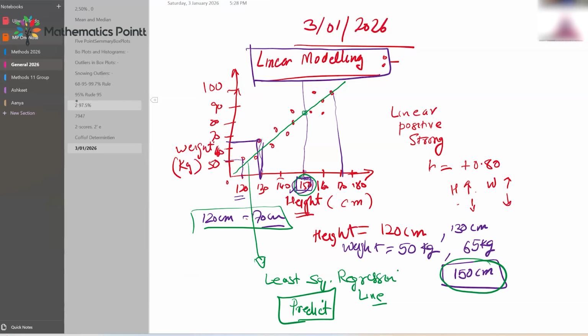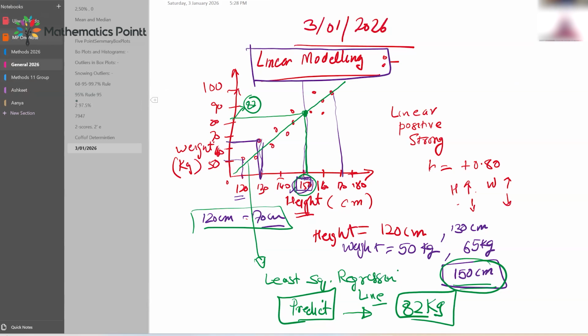I'll see where this 150 centimeter is hitting my least square regression line, and I will use its corresponding y value. Which happens to be, if I have to guess, 82 in this particular case. So the least square regression line helped me to predict that the person with the height of 150 centimeters has a weight of 82 kilograms.